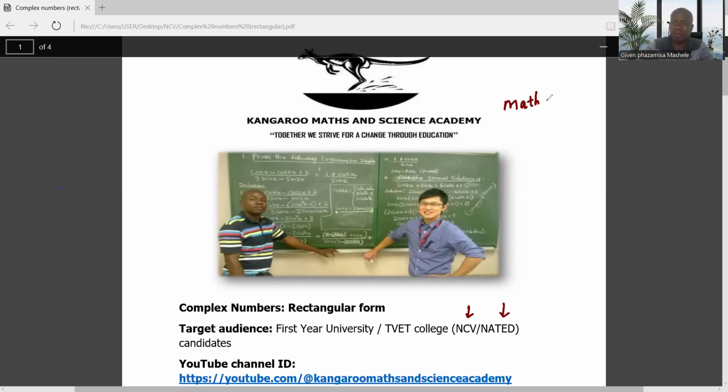being at the TVET colleges, doing maybe level 2, level 3, but actually the focus is level 3 and level 4s. And also those who are doing the NATED, particularly mathematics, most of them doing engineering, whether electrical engineering, mechanical engineering, and also those who are doing the millwrights.